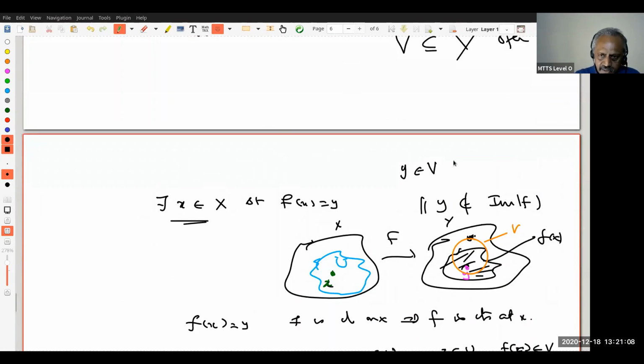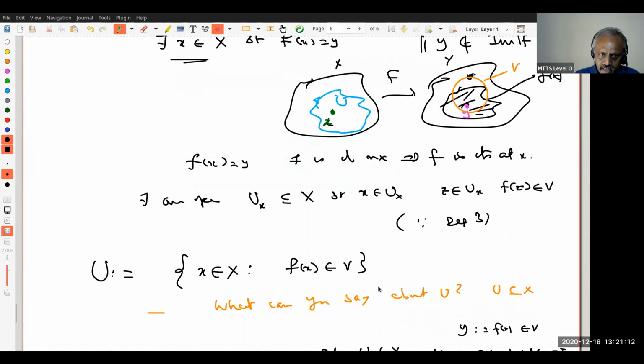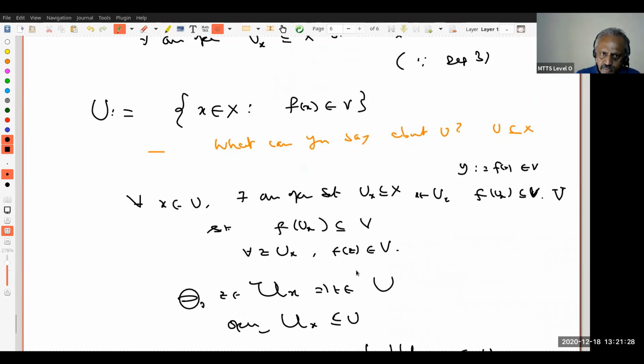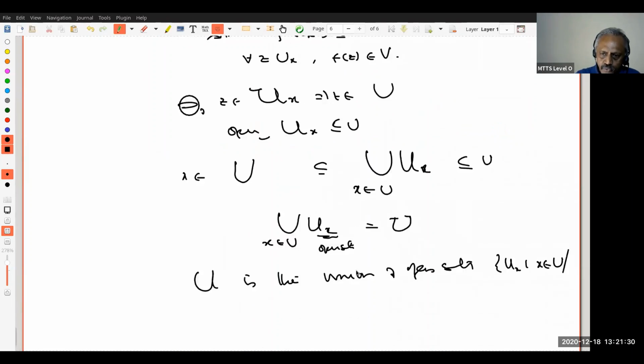You start with any arbitrary open set V in Y, and look at the set of all x such that f(x) belongs to V. As I said, for any given y, there may be many x. I don't care. So collect all such x so that f(x) lies in this V. What have you proved? The set U is open.